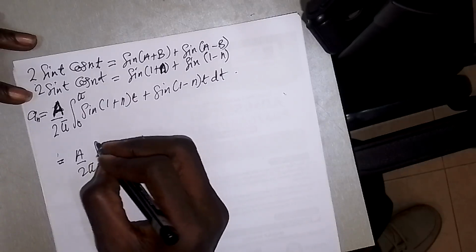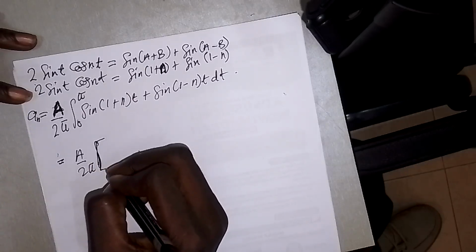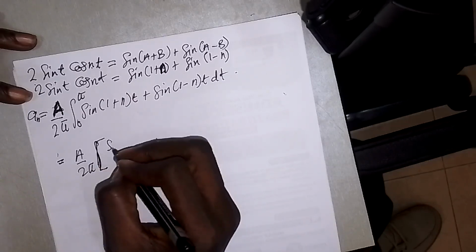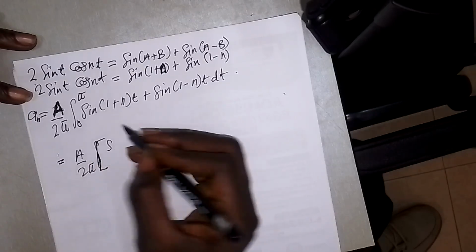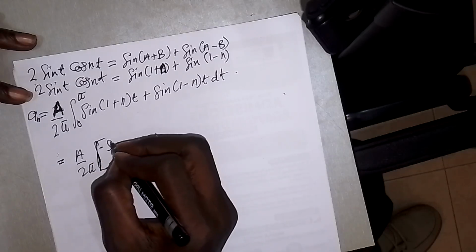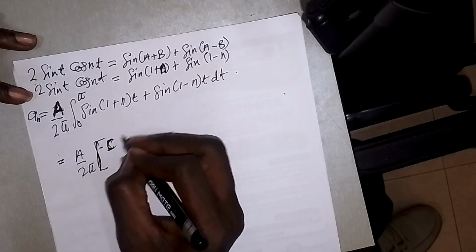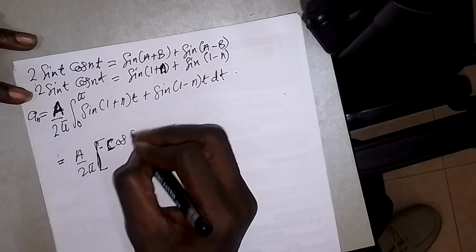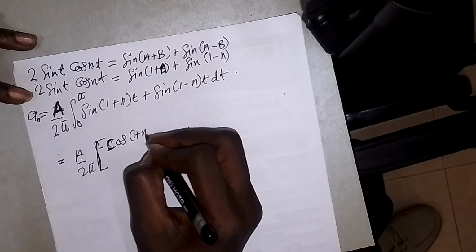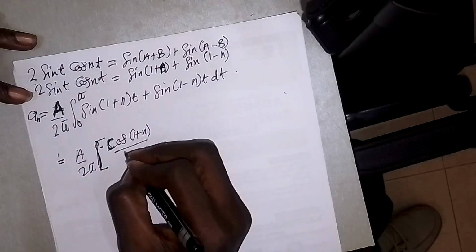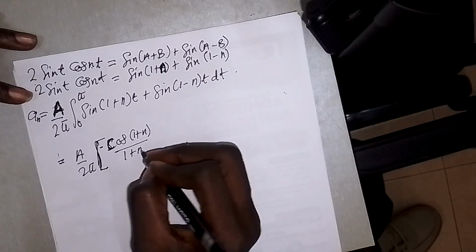into, when we are integrating, let me bring this one, let me make it like this. If you integrate sine, you get negative cos. So negative cos((1+n)t) over 1 plus n.